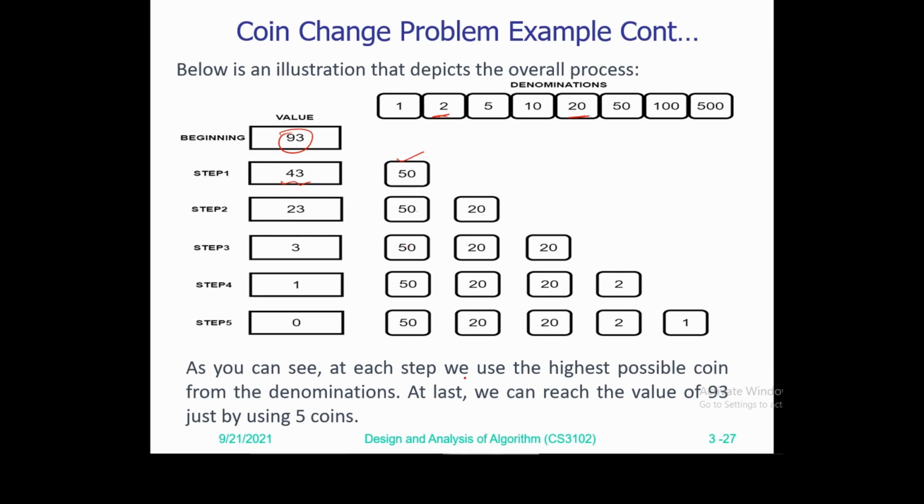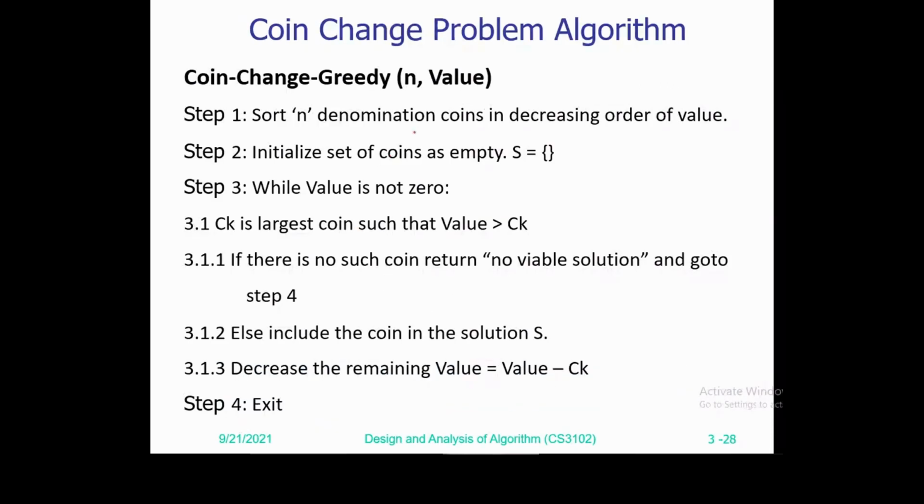So as we can see, at each step we use the highest possible coin from the denominations. So at last we can reach the value of 93 by using 5 coins. Okay, so this is the basic algorithm for the coin change problem.